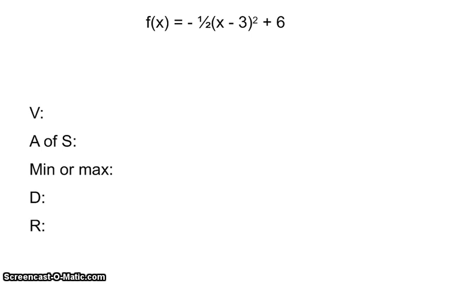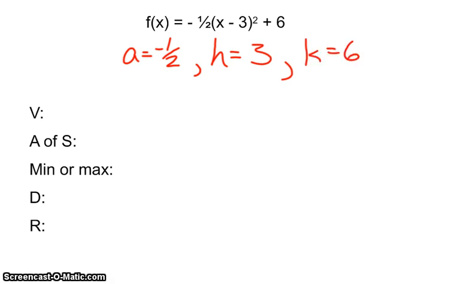All right, so this time our a is going to be negative 1/2. Our h is going to be, it's a negative 3 in our function, but when it comes out, it becomes positive 3. And our k is 6.